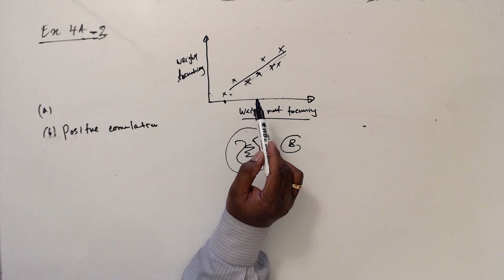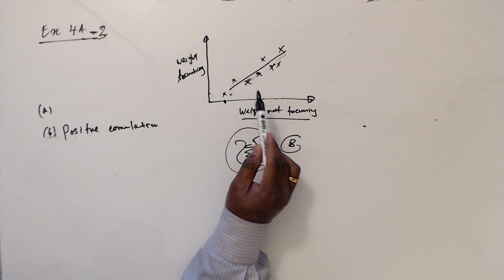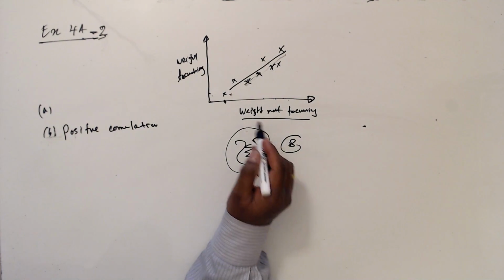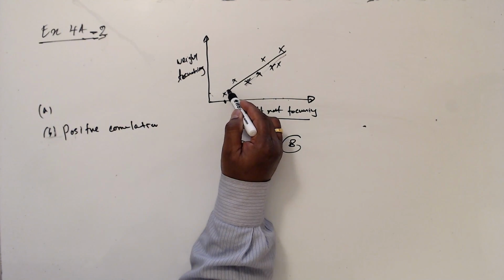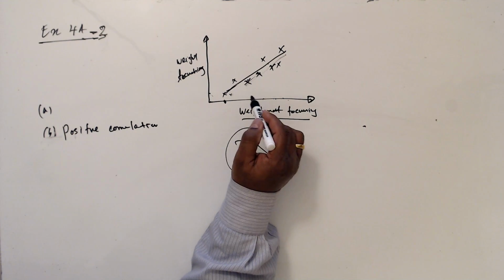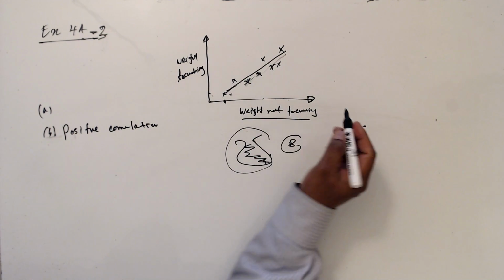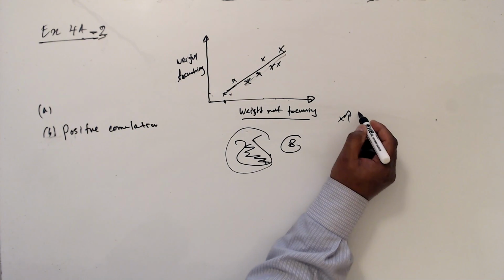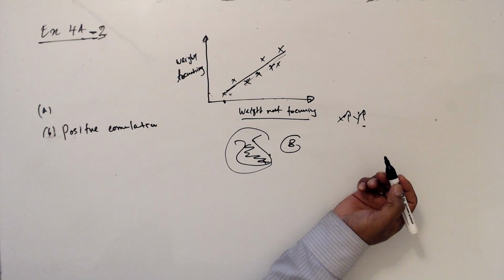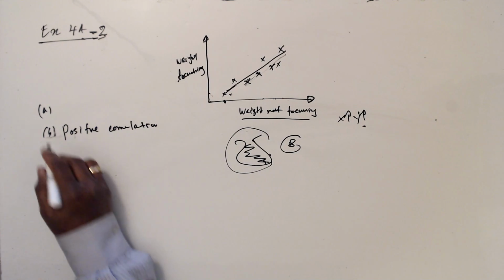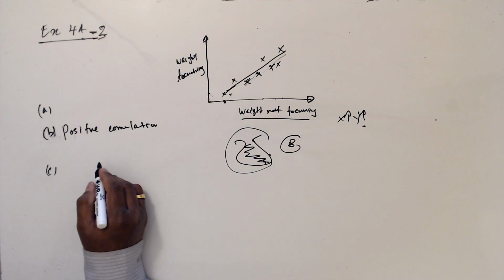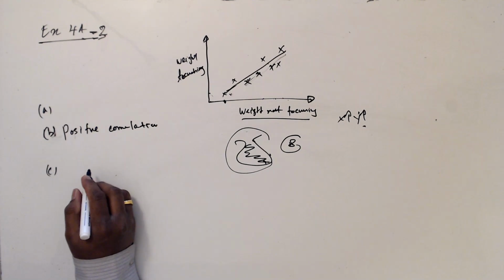More likely to get a greater weight after touching as well, because this is the characteristic of positive correlation. When one is increasing, the explanatory is increasing, the response is also increasing. So we want to bring this idea in terms of the wording.